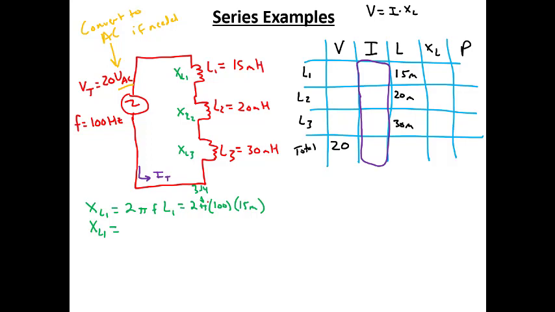And when I do that for this one, I get 9.42 ohms. So that's going to go over here, 9.42 ohms. All right, so now let's go to the next one, X sub L2. All right, so this is going to be 2 pi times F times L2. So this is going to be 2 times 3.14 times 100 times 20 milli.